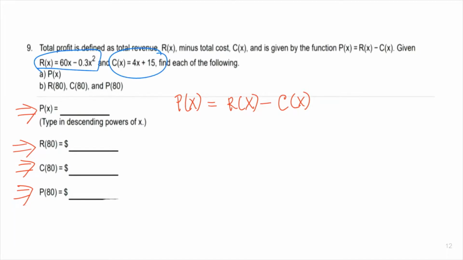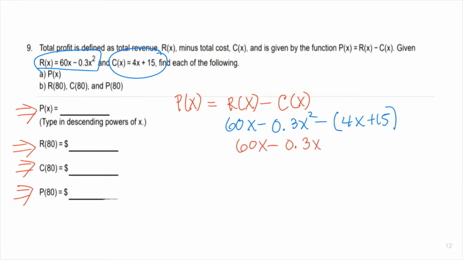R is 60x negative 0.3x squared minus, so you want to put the C in parentheses. So C goes in parentheses. And then I just clean it up. 60x negative 0.3x squared negative 4x negative 15.